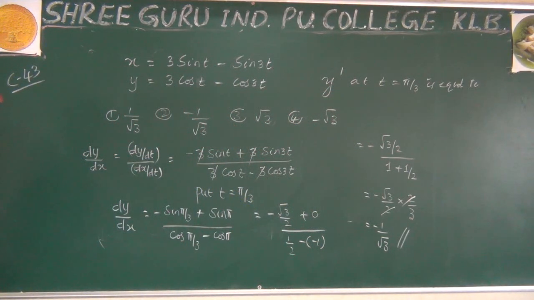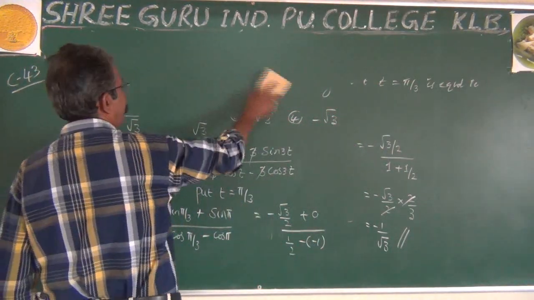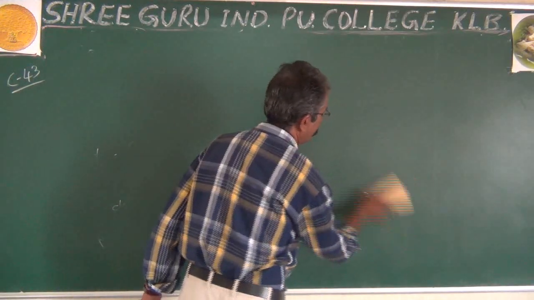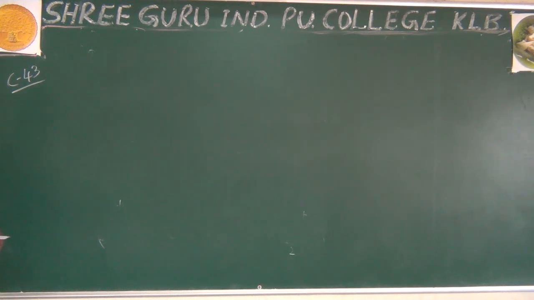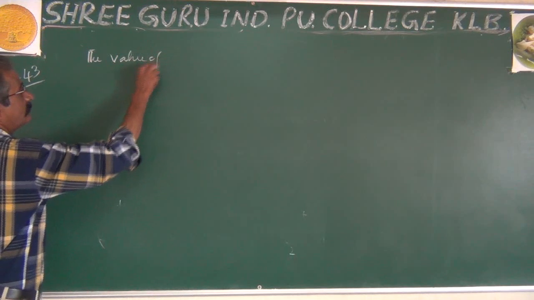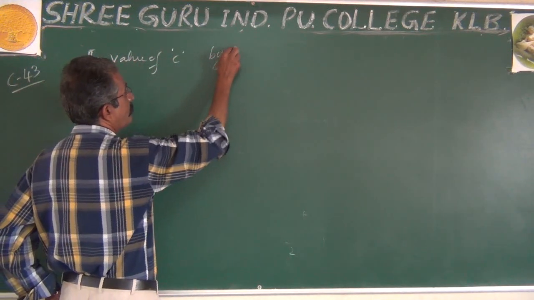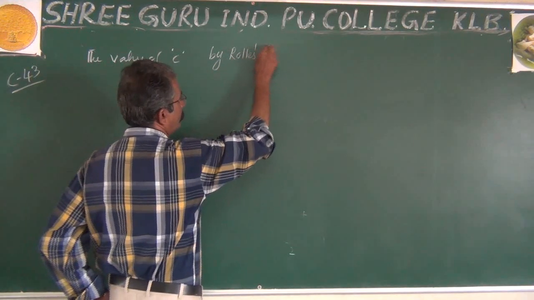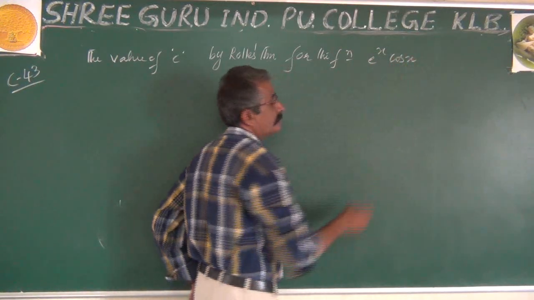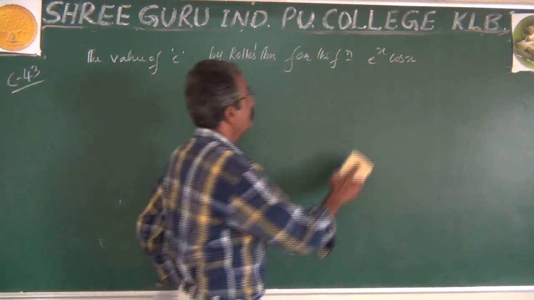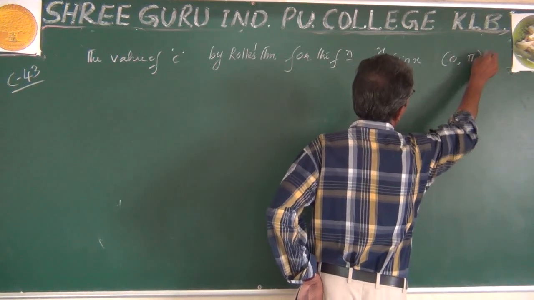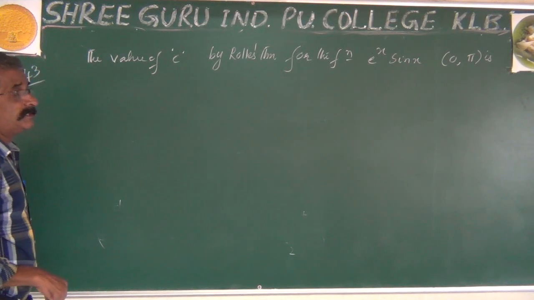Next problem. Next question. Under MCQ type, the value of C by Rolle's theorem for the function e raised to x into sin x on the interval 0 to pi is asking C value by Rolle's theorem.